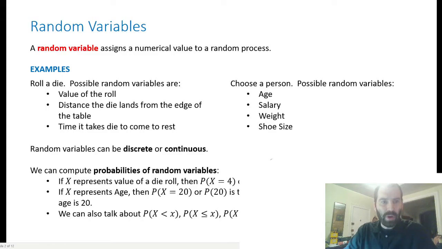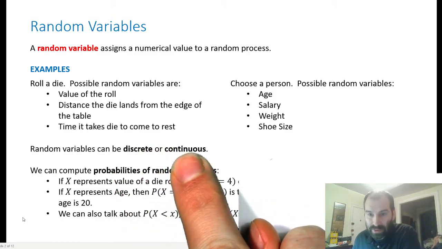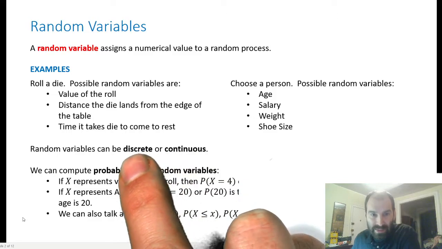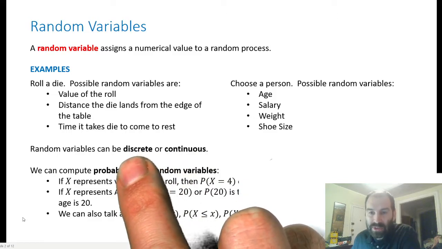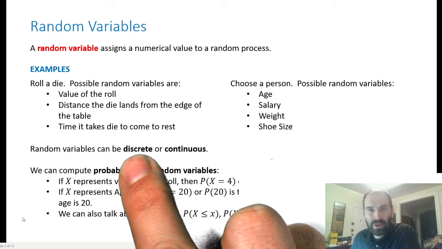Okay, so random variables can fall into two types. They can be discrete or continuous. What this means, discrete means that the number of possible values that the random variable can have can be listed. There's few enough of them that you could write them down in an ordered list, right?